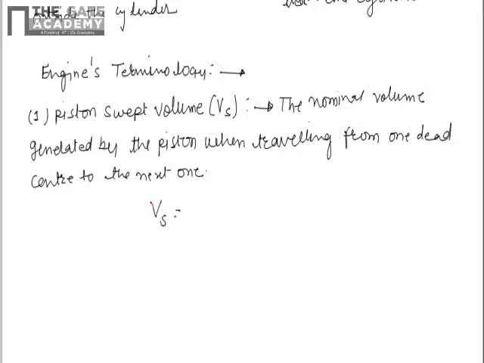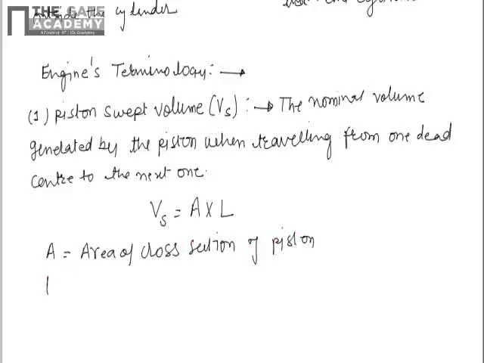So Vs is nothing but A into L. Here A is the area of cross section of the piston and L is the length of stroke.